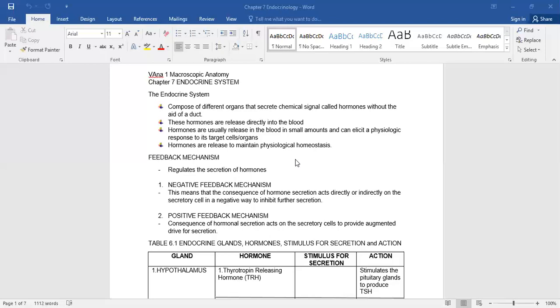Another feedback mechanism is the positive feedback mechanism. It is the consequence of hormonal secretion that acts on the secretory cells to provide augmented drive for secretion. An example of this is when the animal, let's say the dog, whelped. The bitch gave birth to puppies. So usually we give oxytocin, which is a hormone that increases uterine contraction as well as milk let down.